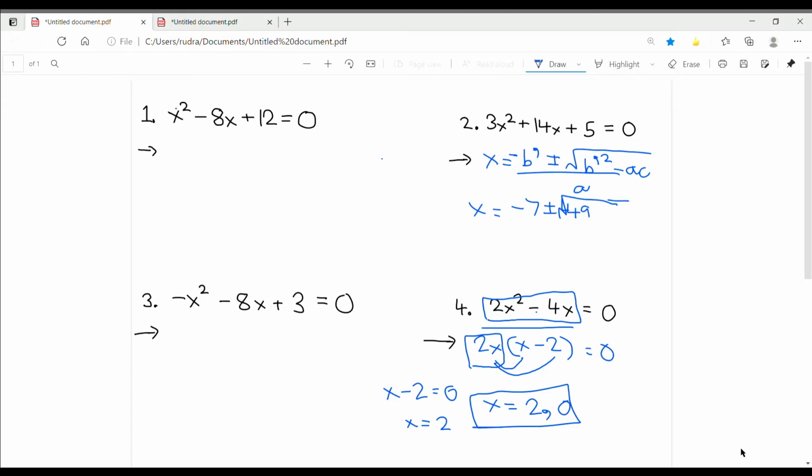Minus ac, which is this times this, which equals negative 15, over 3, which is only a, as you can see here. So now when you do that, you'll get x equals negative 7 plus or minus the square root of 34, over 3. Now let's just go to that page and write this down.